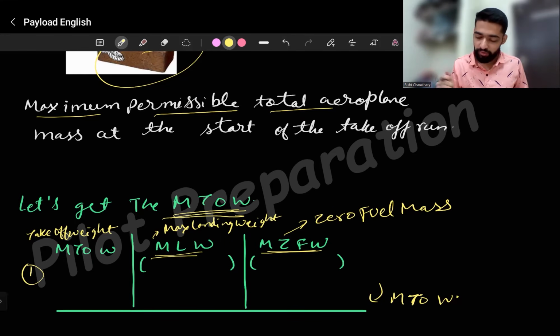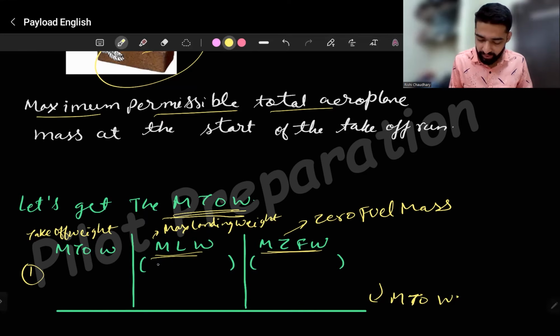When you're landing, what will be consumed by the aircraft? Will the passengers get consumed? No. Will the airplane's design decrease or will it lose some weight? No. What will be lost? The fuel will be lost. And what type of fuel will be lost? Trip fuel will be lost, because that is the fuel which is lost throughout the trip, right?